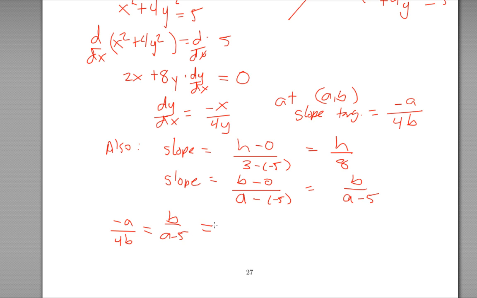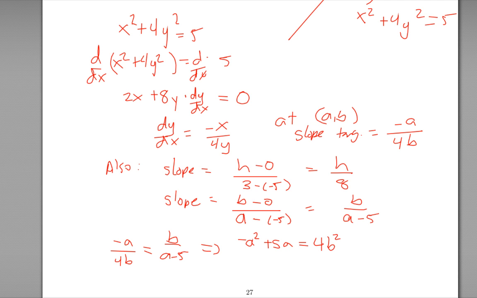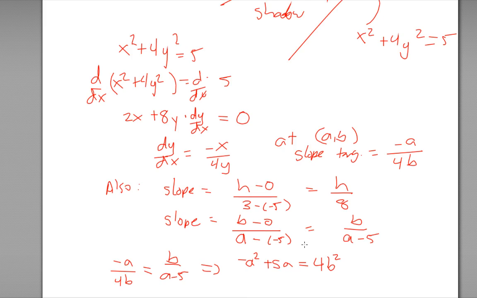If we calculate this, multiplying both sides by a plus 5 and by 4b, we get negative a squared minus 5a equals 4b squared, which means that 4b squared has to be equal to negative a squared minus 5a.